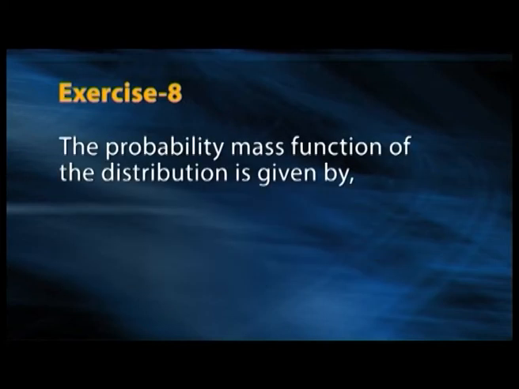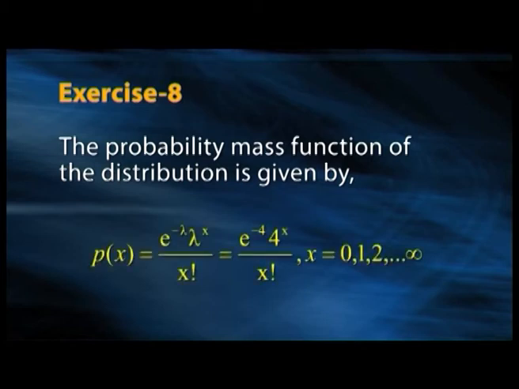The probability mass function of the distribution is given by p of x is equal to e power minus lambda into lambda power x divided by x factorial is equal to e power minus 4 into 4 power x by x factorial, where x takes values 0, 1, 2, etc., infinity.